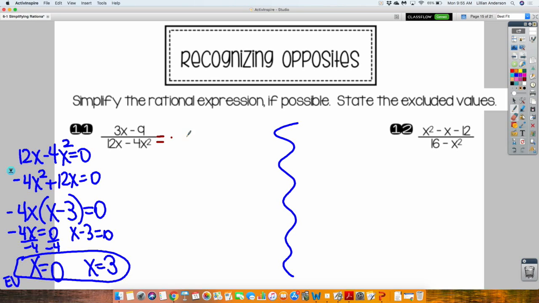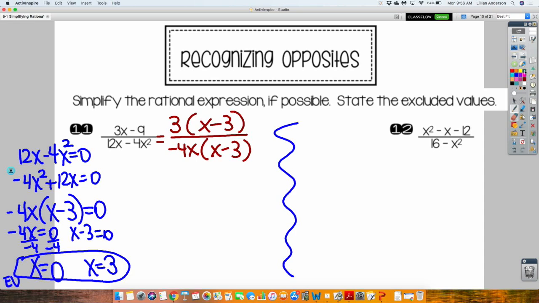I got my bottom factored already. I took out a negative 4x, and that left me with an x minus 3. How can I factor the top? What about 3? 3 is the greatest common factor. When I take out a 3, what am I left with? And what do you see?